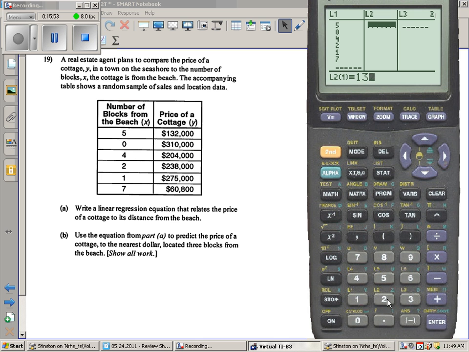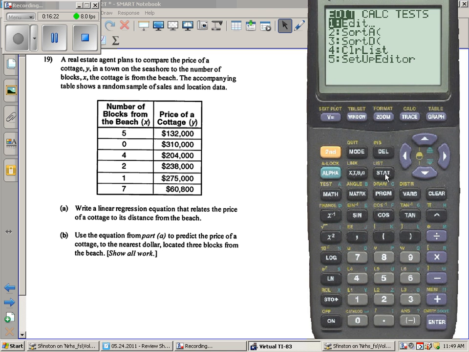And then the price: 132,000, 310,000, 204,000, 238,000, 275, finally 60,800.